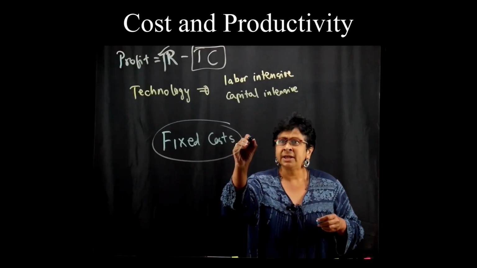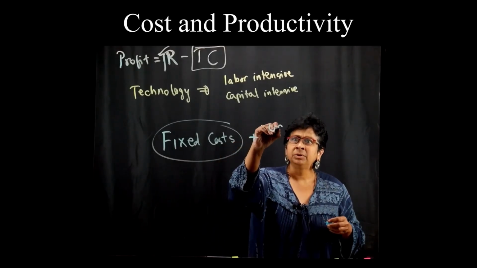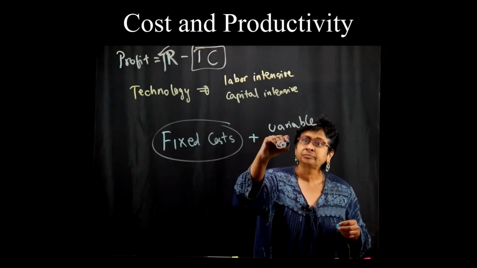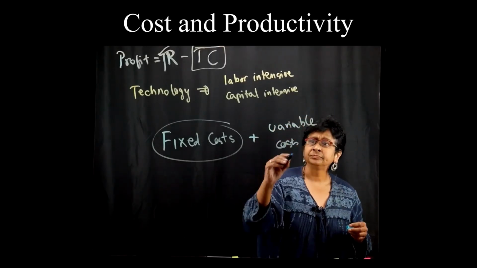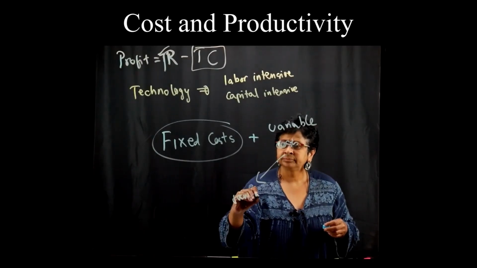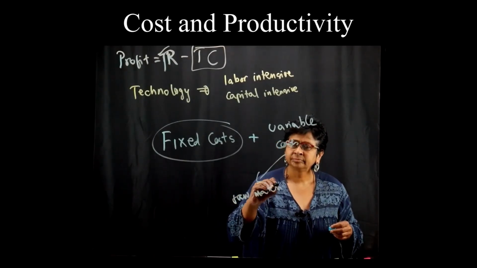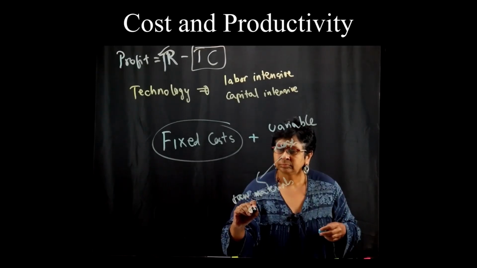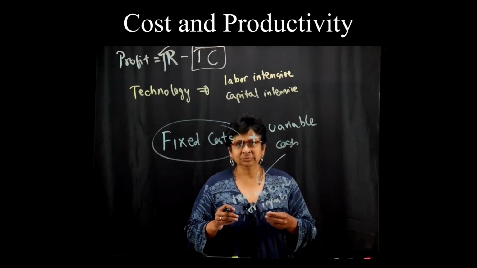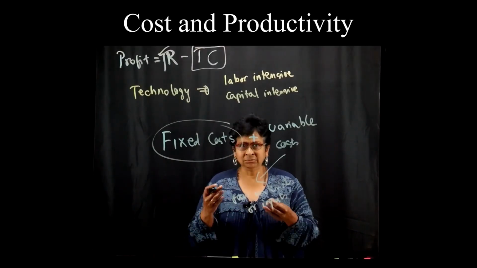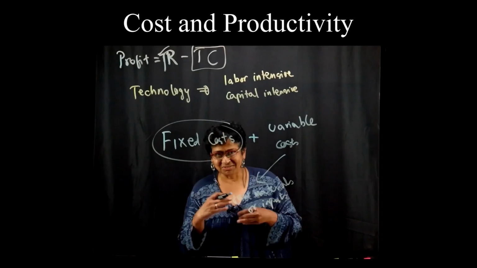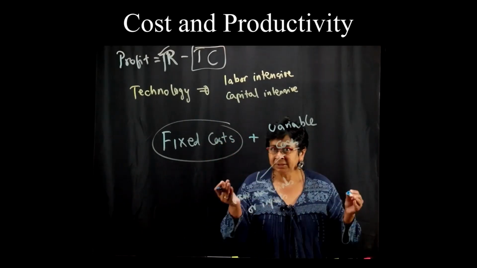To that, I'm going to end up adding variable costs. And variable costs tend to be of two types. One is variable raw materials or inputs. So if I produce 2 sandwiches, then I will use twice the bread. If I produce 4 sandwiches, I will use 4 times the bread, things like that.